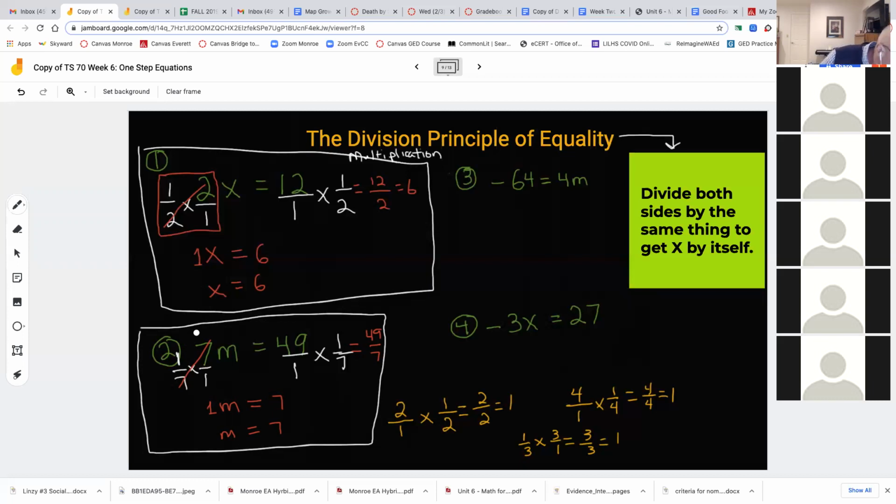Where'd mine go? It's hiding. Up there it is. Where you could start using a calculator, but yeah. All right, for the sake of time, we're doing pretty good here. Give you another 10 seconds.